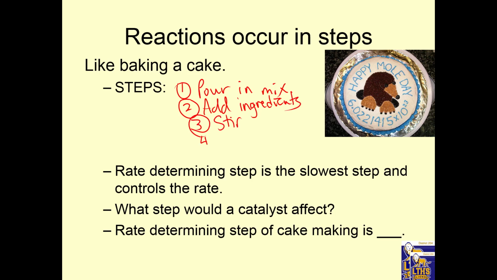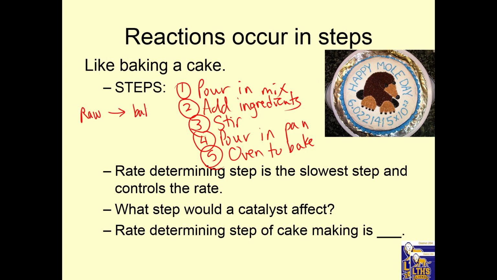Right? Then you got to pour in the pan. And then you got to put it in the oven to bake. Right? So those are all the steps it takes to get from raw to baked cake. Okay? A lot of steps, right?